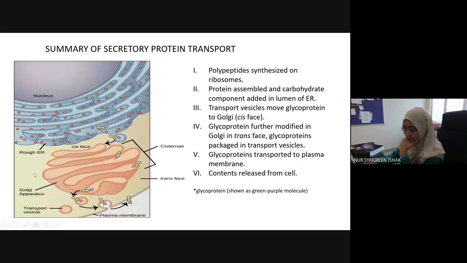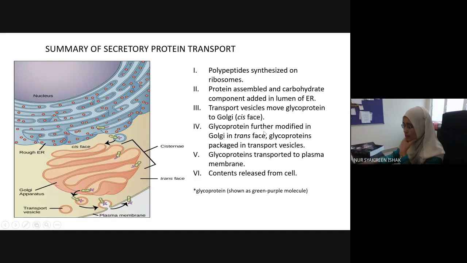So number one, where is number one? Polypeptide synthesized on the ribosome. Okay, so polypeptide yang ni lah kan, polypeptide synthesized on the ribosome. So you produce protein by the attached ribosome. So protein assembled and carbohydrate component added in the lumen of the ER like this one. Okay, and then transport vesicle moves glycoprotein to the Golgi from cis to trans face.